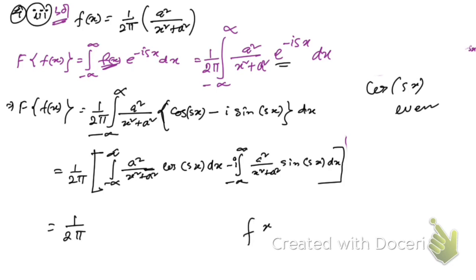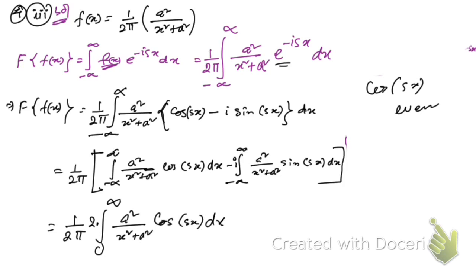If a function f of x is equal to f of minus x, then it is said to be an even function. If this one is even and this one is even, then as a whole it is even. So in case of an even function, we can write 2 into integration from 0 to infinity of a square by x square plus a square cos s x dx.